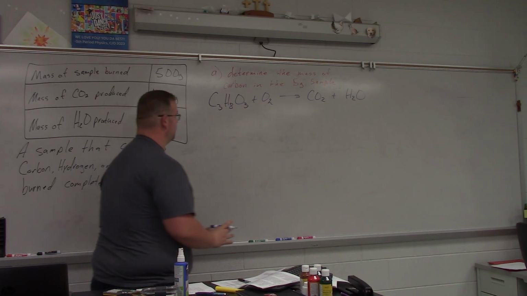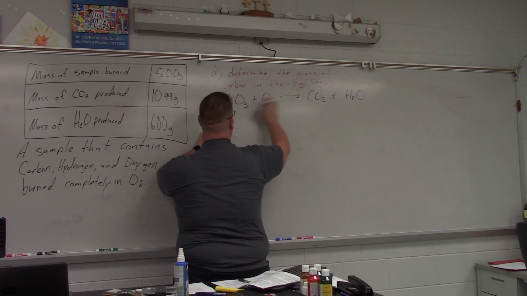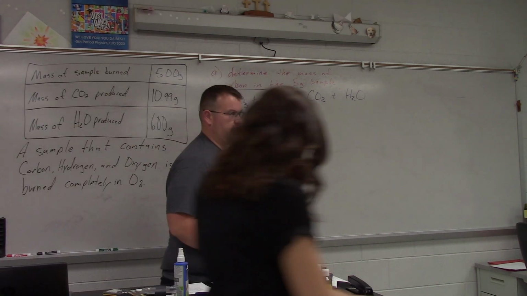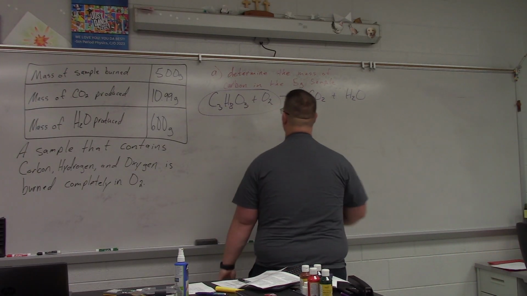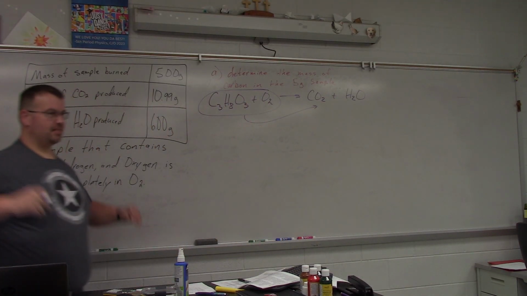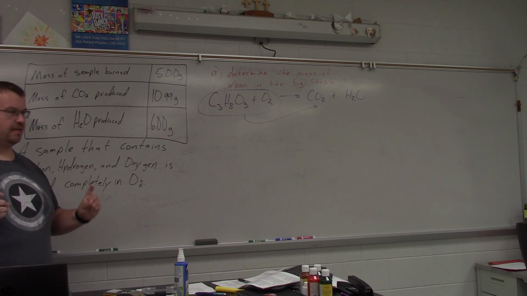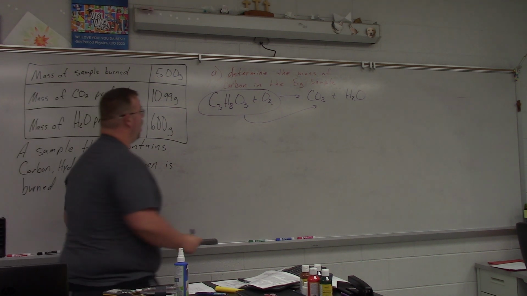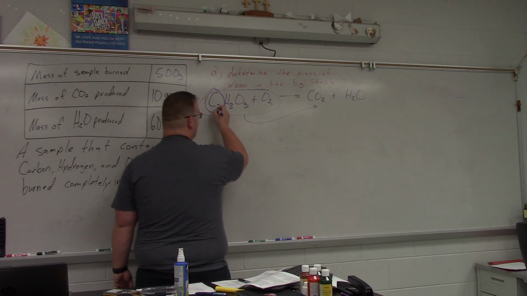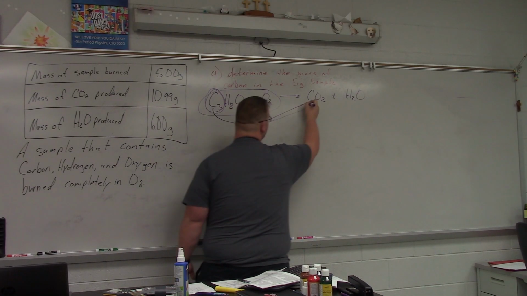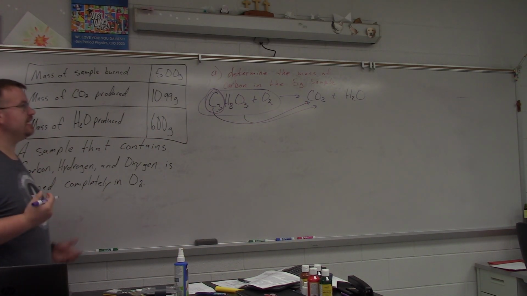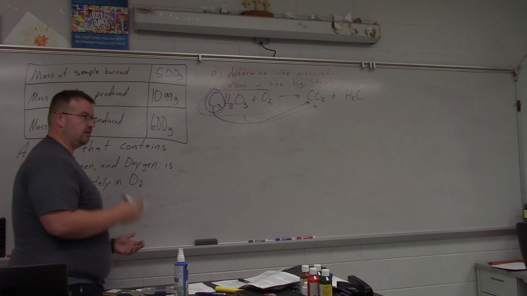On the simplistic level, I take this and I break all the bonds apart. Once I break all the bonds apart, they turn into this. That's the most simplistic understanding I can give you for what a reaction's doing. So all of this carbon in this molecule is no longer here, it's over here now. The carbon had to go somewhere. The carbon just didn't disappear, it's in the carbon dioxide. Got me now?